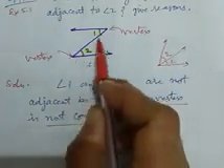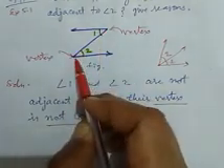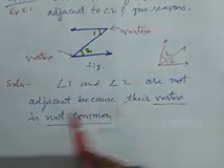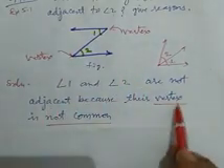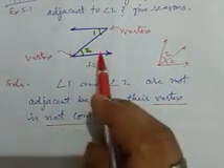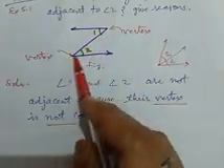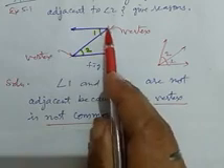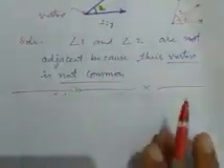Here only the arm is common, the vertex is not common. So they are not adjacent because their vertex is not common. Both requirements are not satisfied. Only one requirement is satisfied: the arm is common but the vertex is not common.